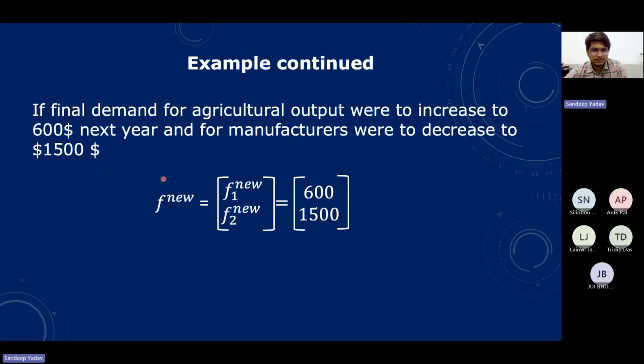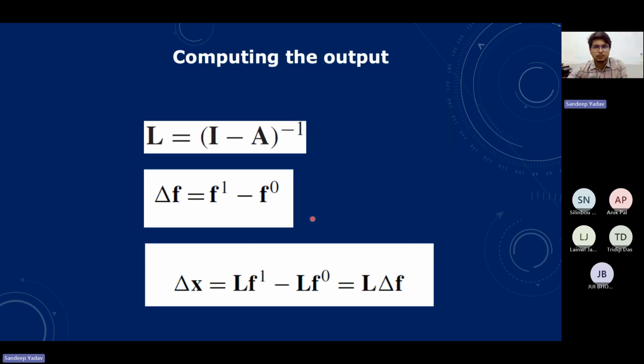There's an example that was solved by sir. If the final demand for the agricultural output were increased to $600 next year, and for manufacturers were to decrease to $1,500, then F new is equal to 600 and 1,500. Now, computing the output, X is equal to (I minus A) inverse into F. For this we just need to know basic mathematics, how to calculate the determinant and the inverse of a matrix.